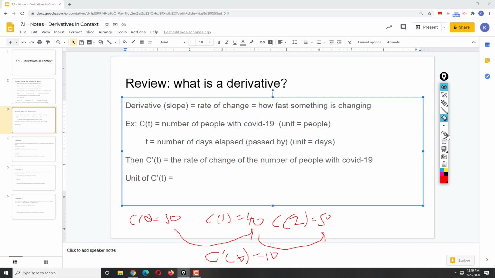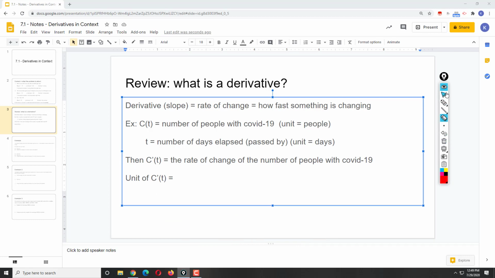What unit is this derivative? Well, the unit of C prime of t is always going to be the unit of C of t divided by the unit of t. It is how many people contract COVID-19 every day.